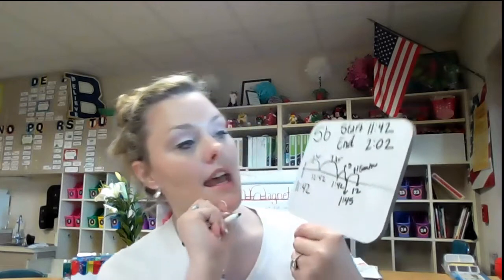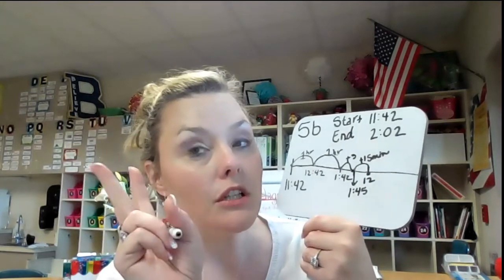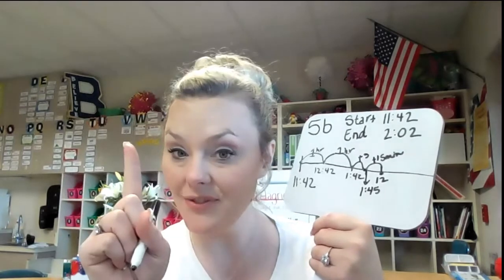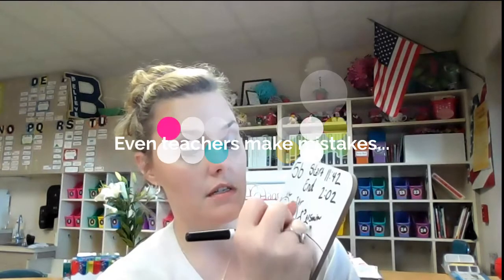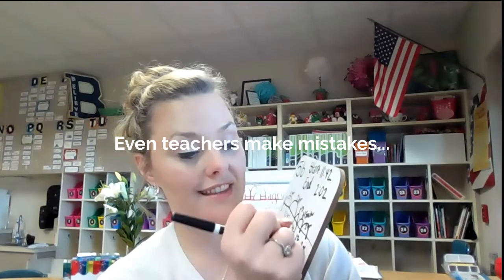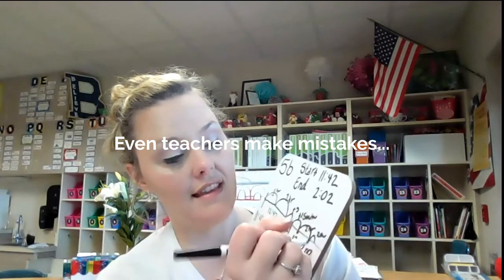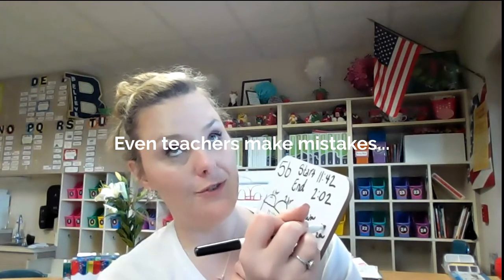Okay. And now I think I can go from 12 to 2 o'clock. I can say 12 to 1, 1 to 2. So 2 hours. Here's 2 hours, that's 2 o'clock. And then 2 minutes. And that would be 12:02, I mean 2:02.